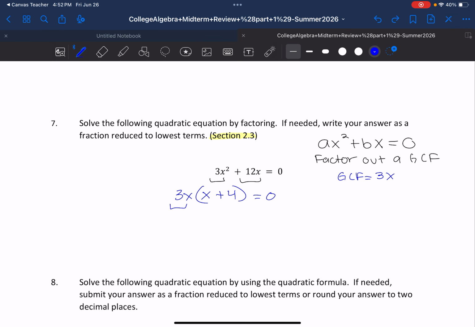So same thing, after I factor it, to solve the equation, I take each of these factors and set them equal to 0. So I have 3x is equal to 0, or x plus 4 is equal to 0.